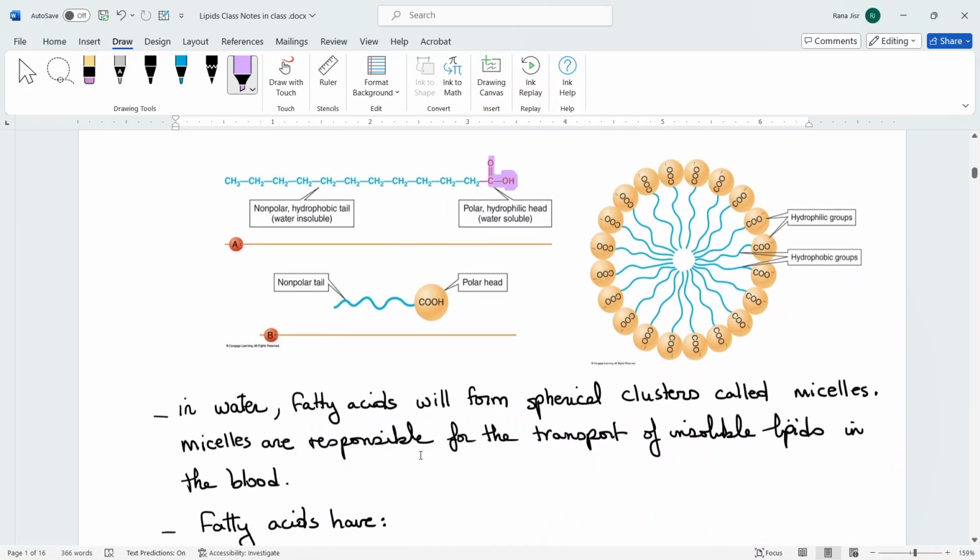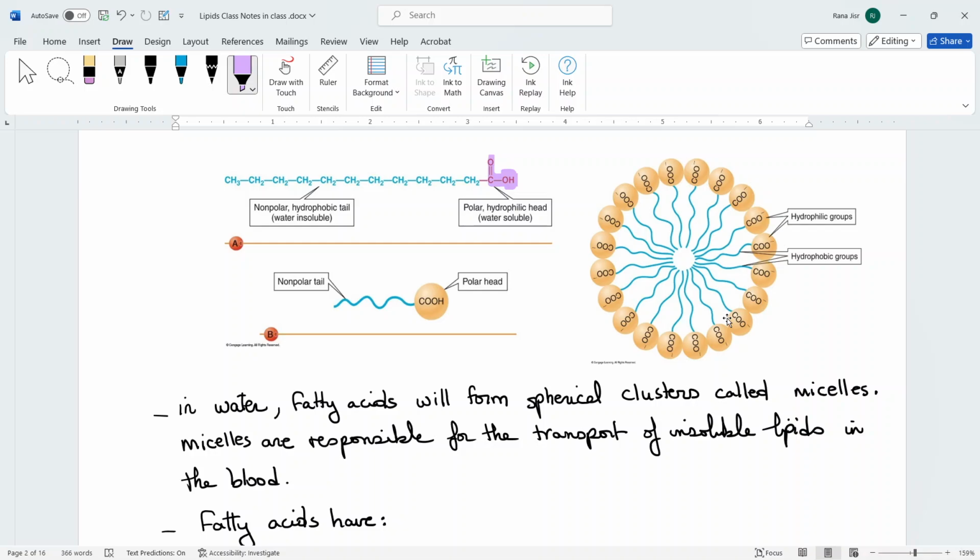Okay. So what happens to fatty acids whenever we place them in water? In water, because you do have that hydrophobic tail that is water repellent, these fatty acids are going to arrange themselves in a circular form. That circular form is a spherical cluster, which we call micelles.